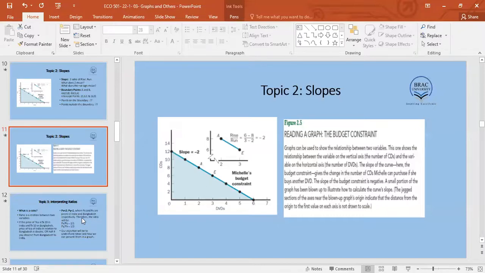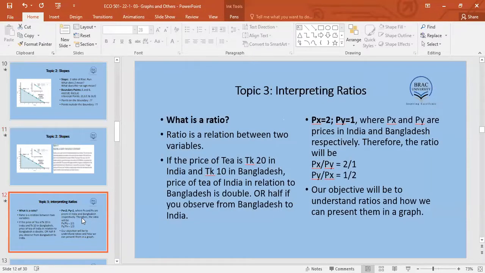Then once we get to the graphs, it will be very, very simple. visualize করতে পারলেই হয়, কঠিন কিছু না। এই যে একটু আগে we gave this example, যে if the price of tea is টাকা 20 in India and টাকা 10 in Bangladesh, price of tea of India in relation to Bangladesh is double if X is the price of Bangladesh, the independent variable. কিন্তু আমরা যদি উল্টোভাবে করি, if we want to compare the price of tea in Bangladesh with that of India, then আমাদের half হয়ে যাবে। তাহলে price of X is 2 in India, price of Y is 1 in Bangladesh.